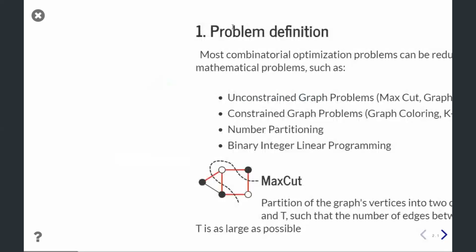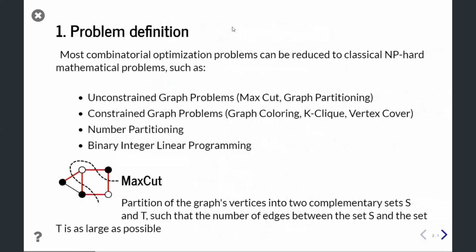We presented quite rapidly before what a combinatorial optimization problem is, and many of them can be reduced to classical mathematical problems. I've just mentioned a few of them. They could be graph problems, and max-cut is one of the most famous.